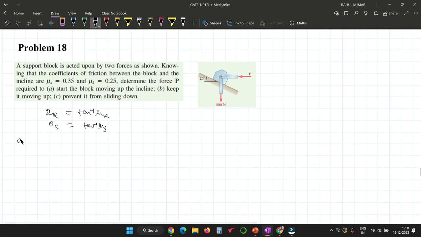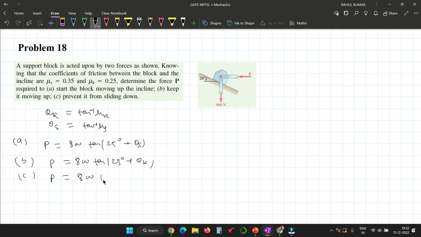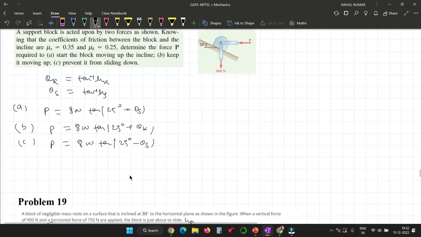So in case A, to find force P, it will be 800 tan (25 degree plus theta s). In case B, you will get 800 tan (25 degree plus theta k). And in case C, it will be 800 tan (25 degree minus theta s).